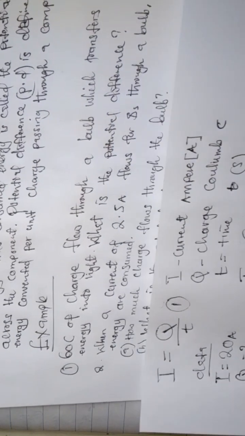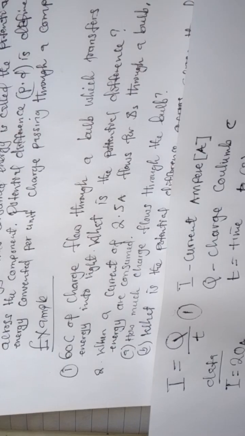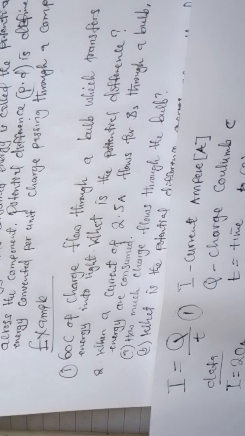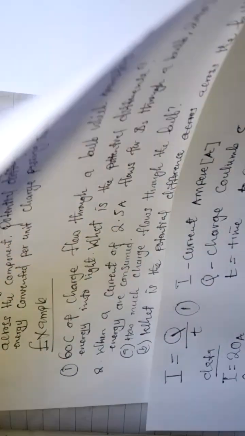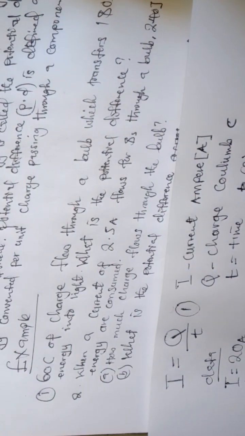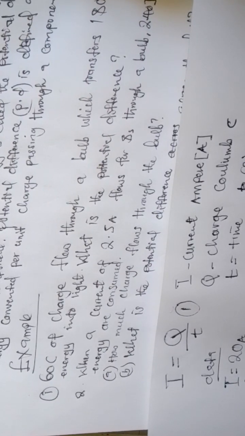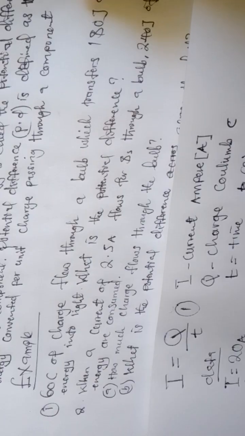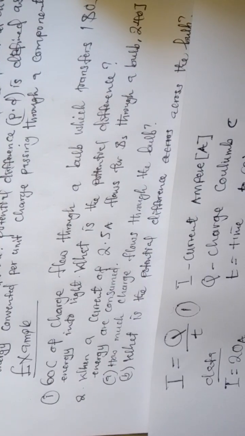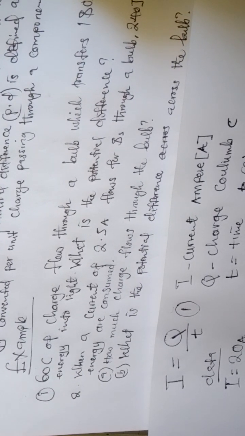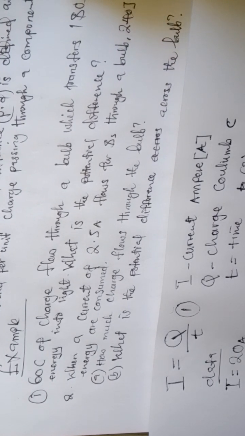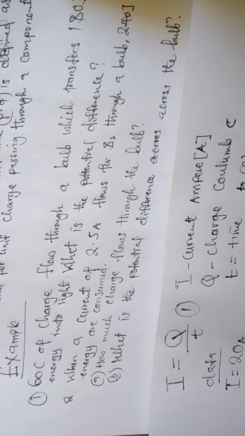If we check question 2, they're saying when a current of 2.5 amperes flows for 8 seconds through a bulb, the energy which is 240 joules is consumed.